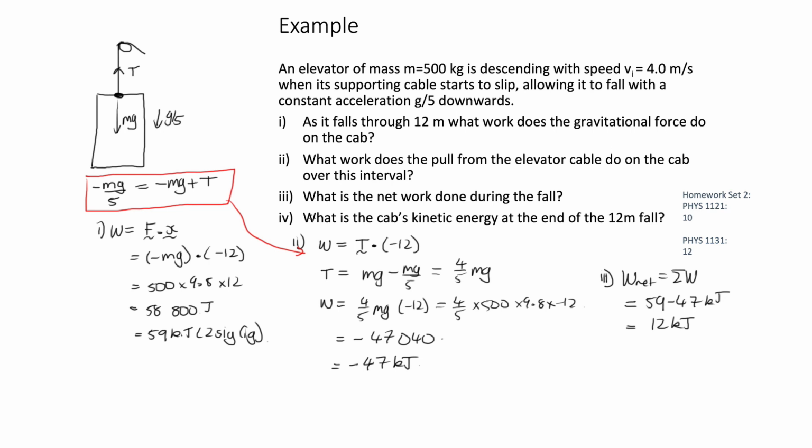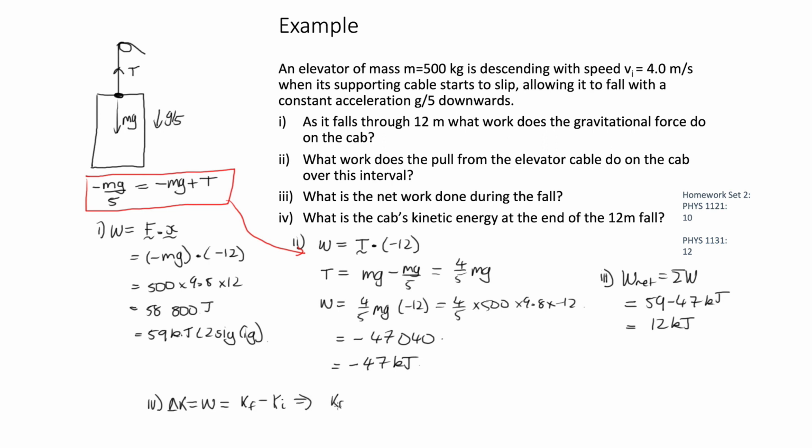And then part 4 says, what is the cab's kinetic energy at the end of the 12-meter fall? Okay, so we've got an initial kinetic energy in this case. So for part 4, we can say, well, the change in kinetic energy is equal to the work done. That's our work kinetic energy theorem, which is equal to the final kinetic energy minus the initial kinetic energy.